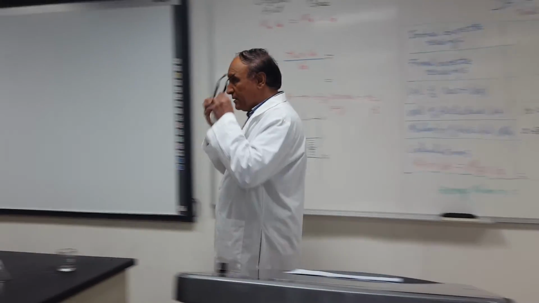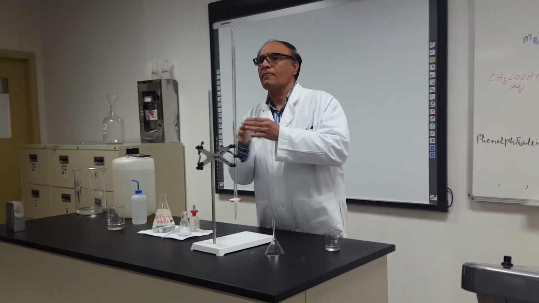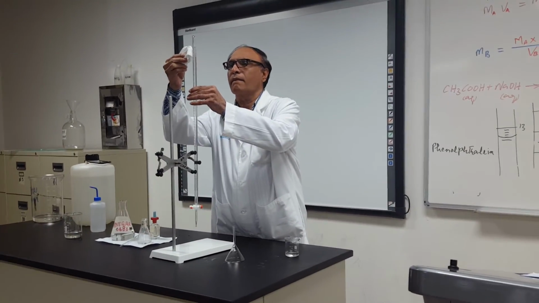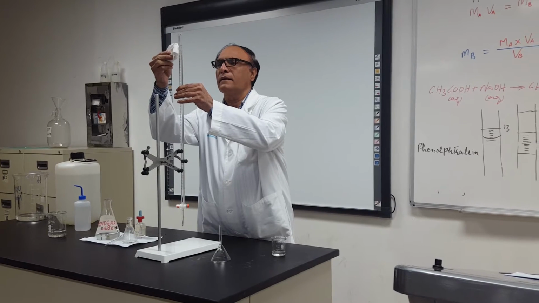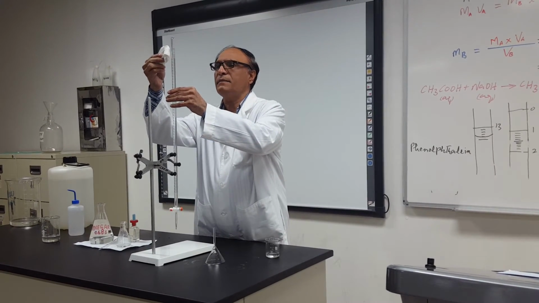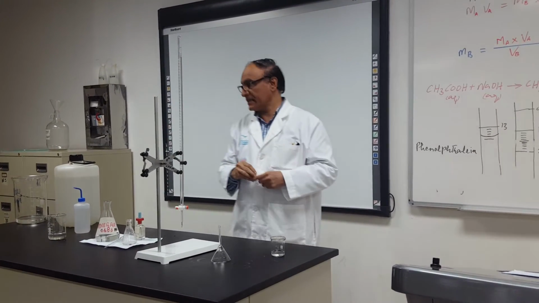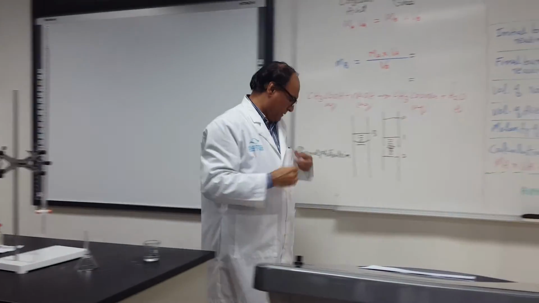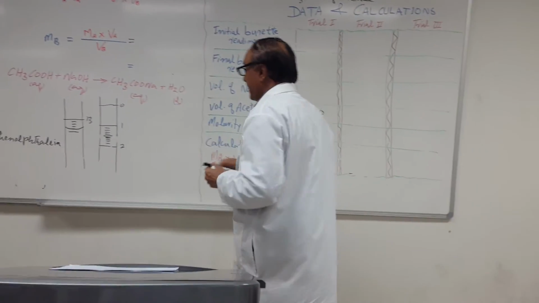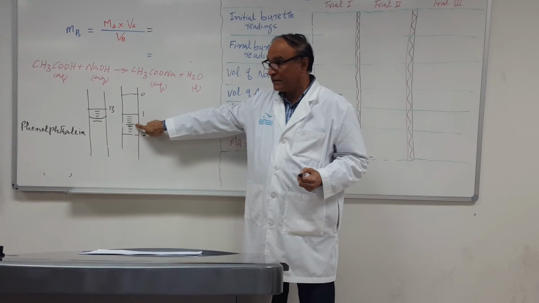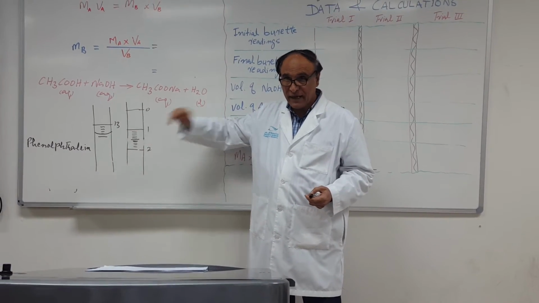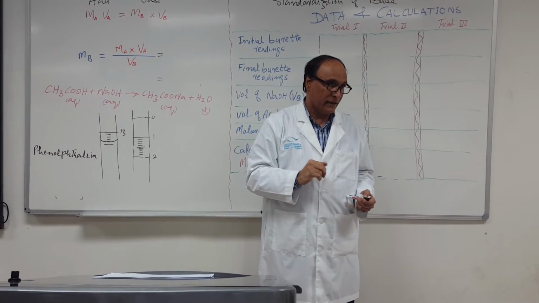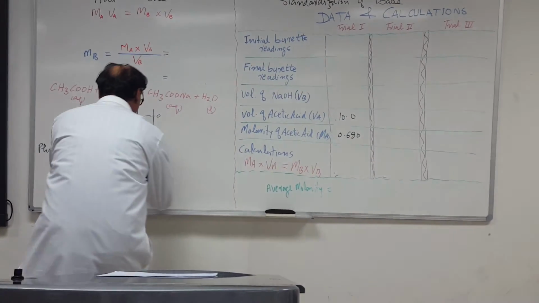Now, when I look into this, this is coming as 1.6. Here is 1, the big line is what? 0.5. It is 1 below the big line, 1.6. So it looks like that.